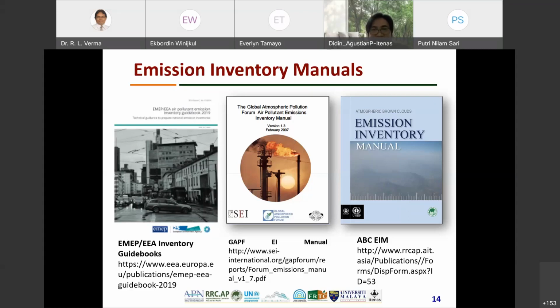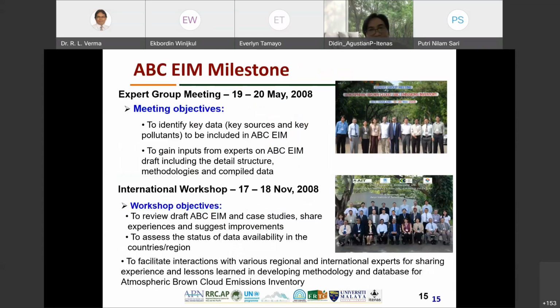These manuals are available online, and some manuals have also been accompanied by a compiler or some tools, mainly available in Excel format.